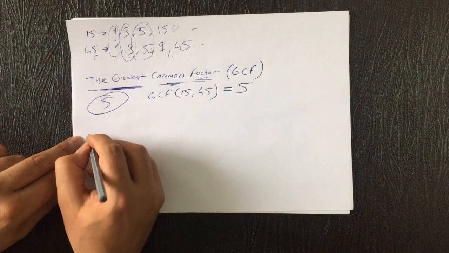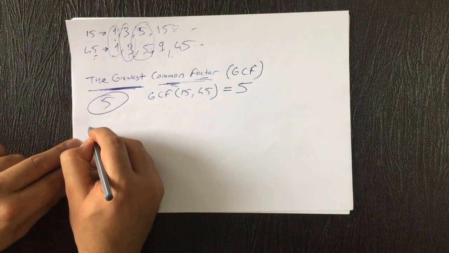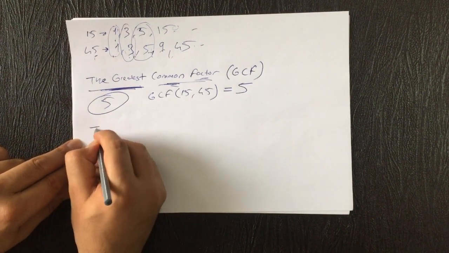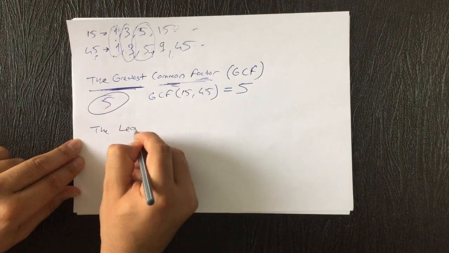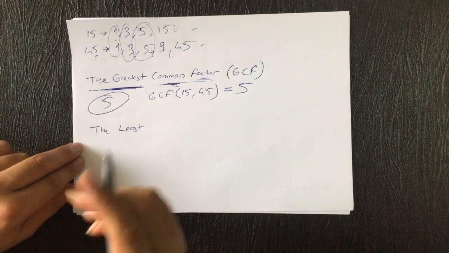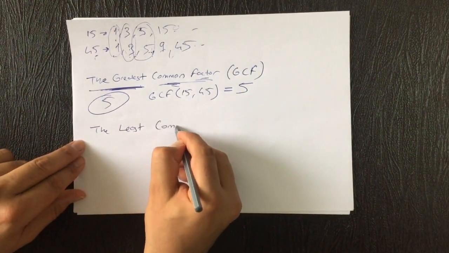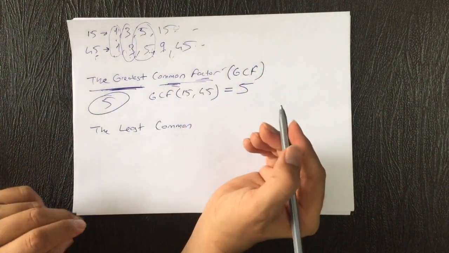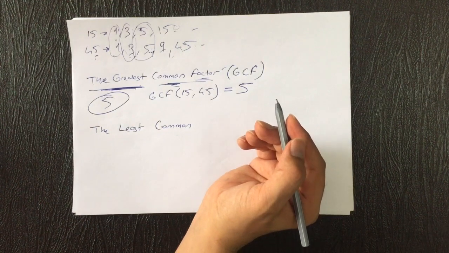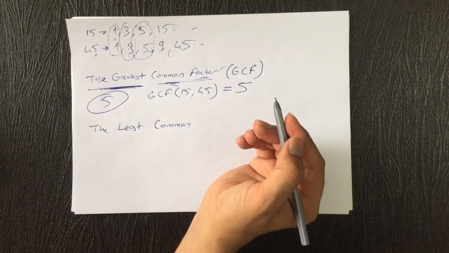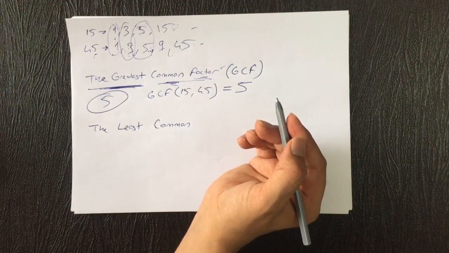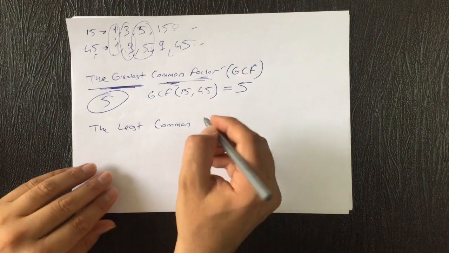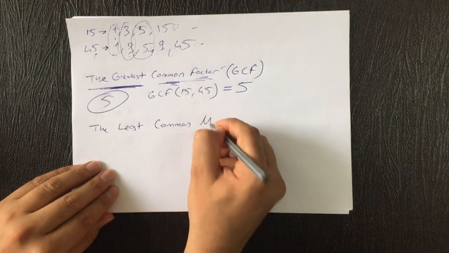So, LCM. Let's come to the LCM. What is that? It is the least one, the smallest one, least common, okay, not factor, because we are trying to find the least one.